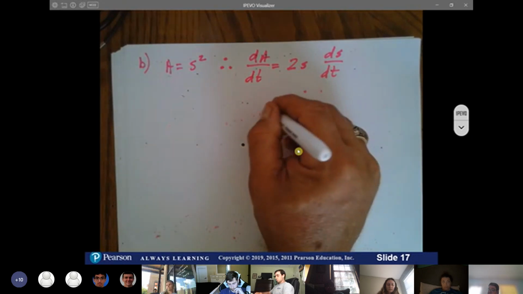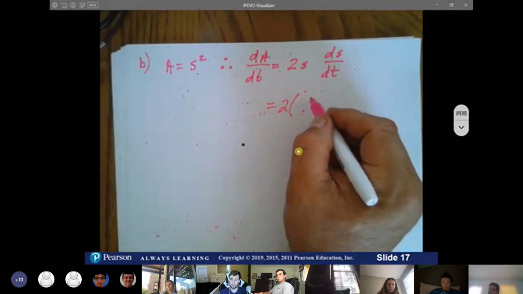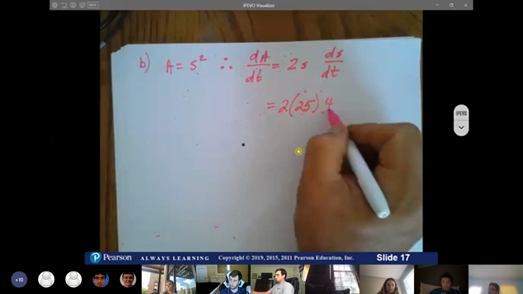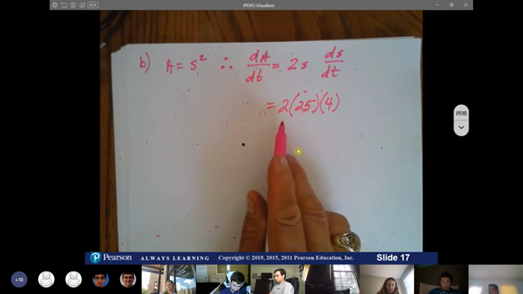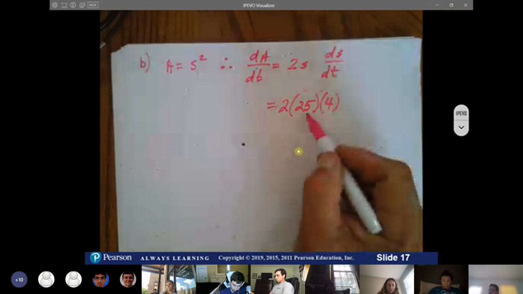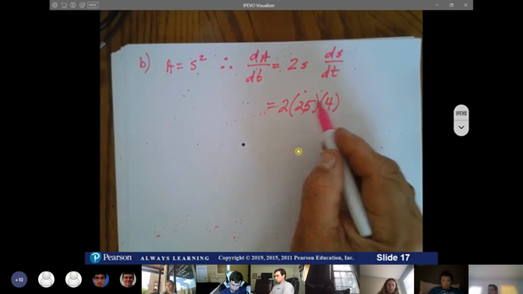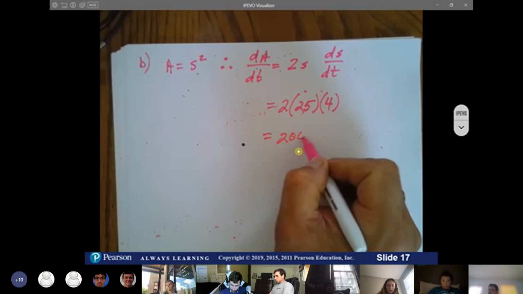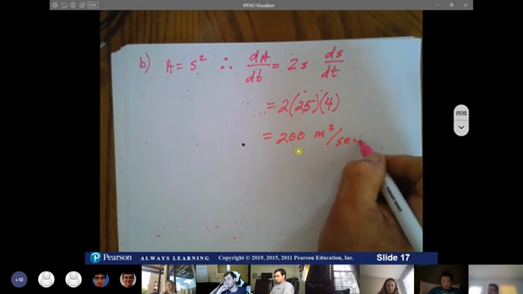And that's going to be 2 times 25 times 4. 25 times 4 is what? 100. And 100 times 2 is what? 200? 200 meters squared per second.